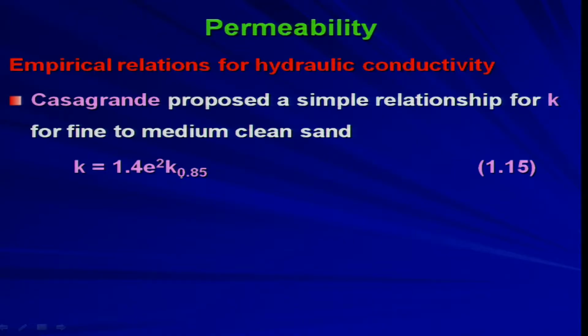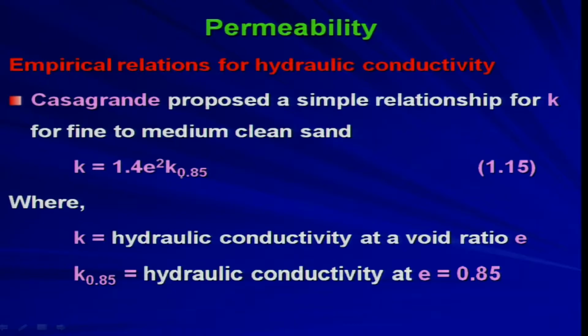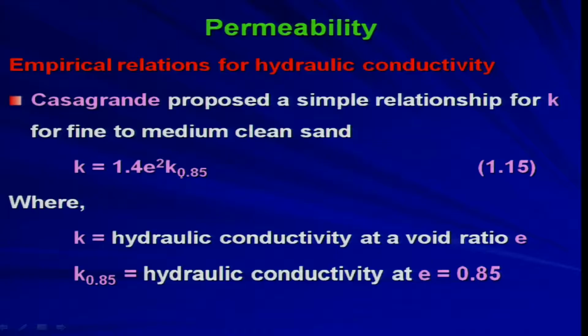Now, what is k 0.85? Now, let us see, where k is the hydraulic conductivity at a void ratio e. So, now suppose you have got some sand, so you can find out the void ratio. So, at that void ratio basically you wish to obtain the hydraulic conductivity. So, corresponding to that e, basically you want to find out k.